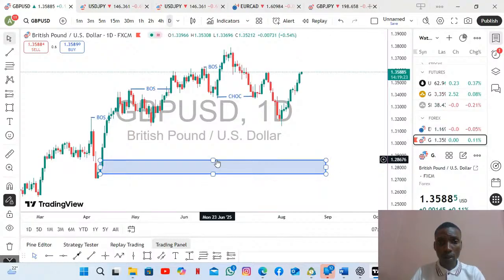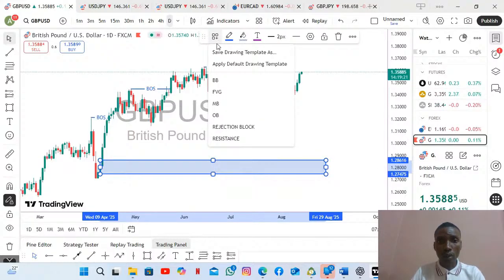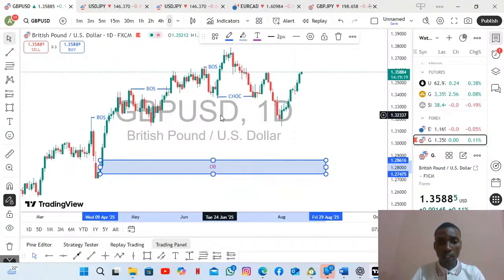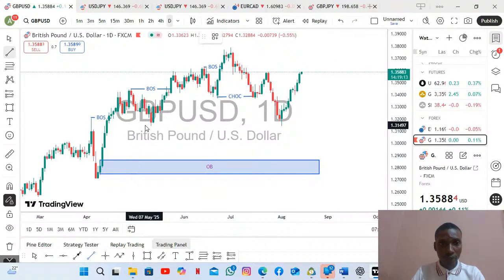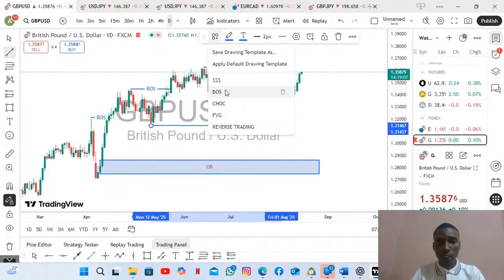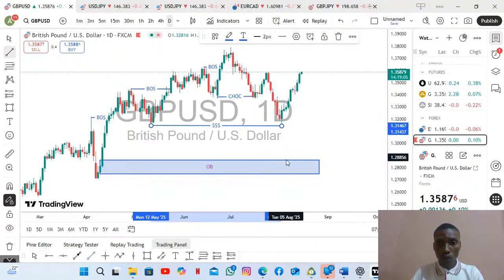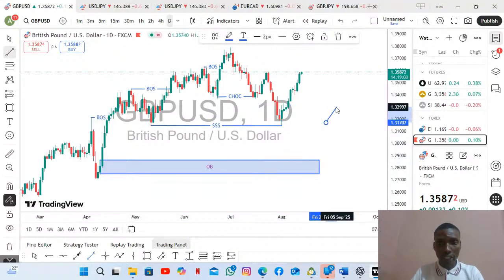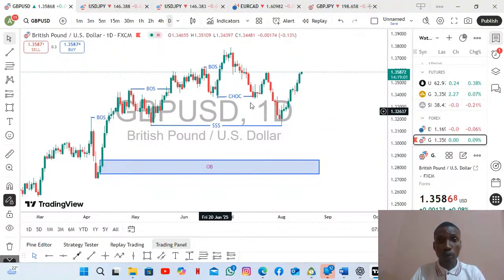This is another block, this is an order block, and I want to believe the market is trying to come here, because I'm also noticing that we have liquidity here that the market will actually drive to come to this order block. This is what I can see briefly for GBP USD on the day time frame.